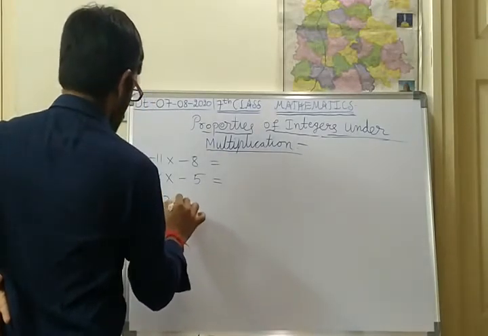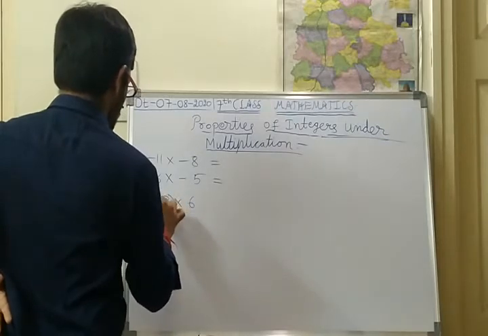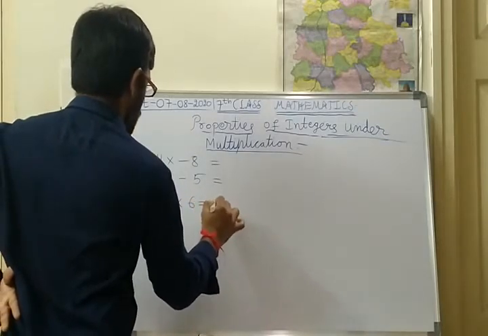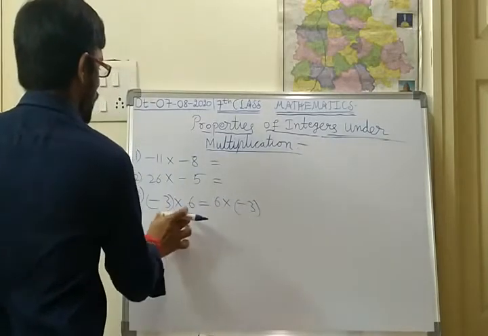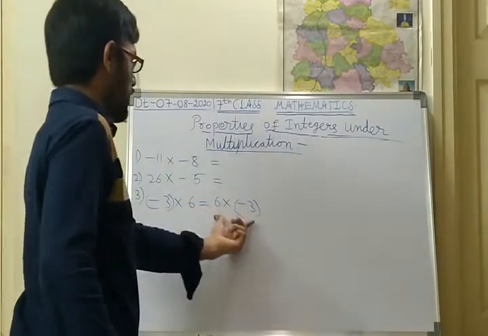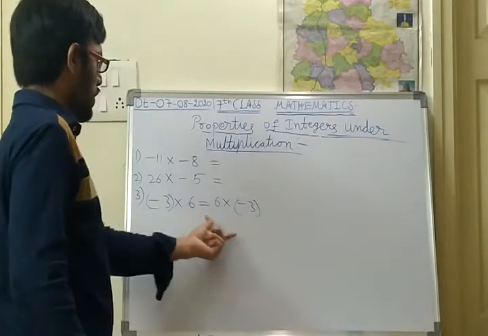Next: minus 3 into 6 is equal to 6 into minus 3. Solve these two and see whether these two are equal or not.